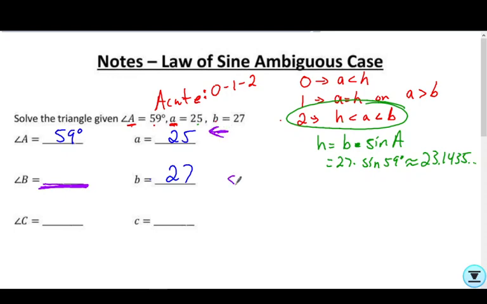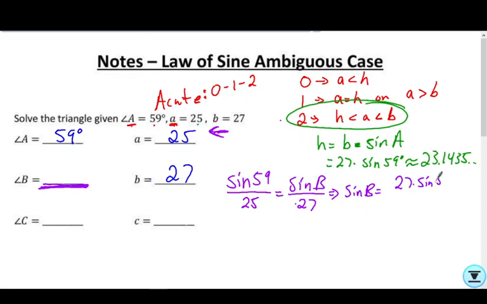Okay, so you set up your law of sines. So it's sine of 59 over 25 equals the sine of angle B over side B, which is 27. You cross multiply, so you get sine of B equals 27 times the sine of 59 over 25.